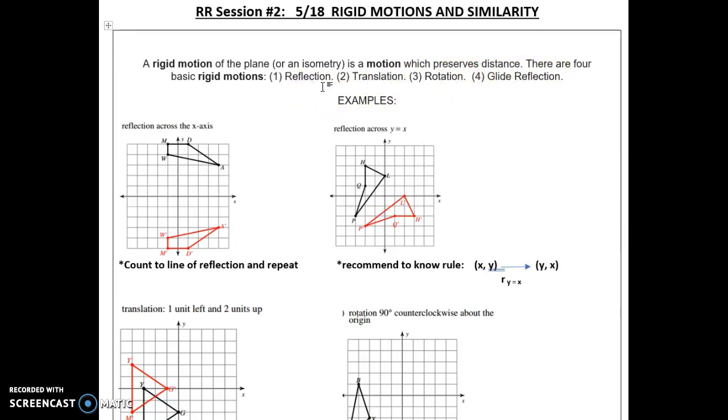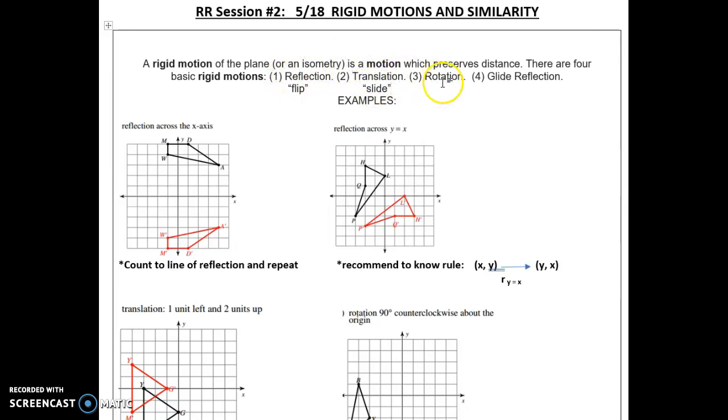Please remember the key words for these rigid motions. A reflection is a flip, and for a translation we remember the keyword slide, because the FL in reflection and the SL in translation help us.